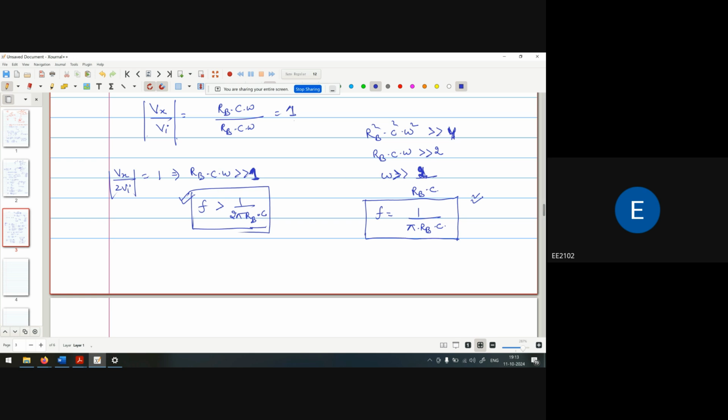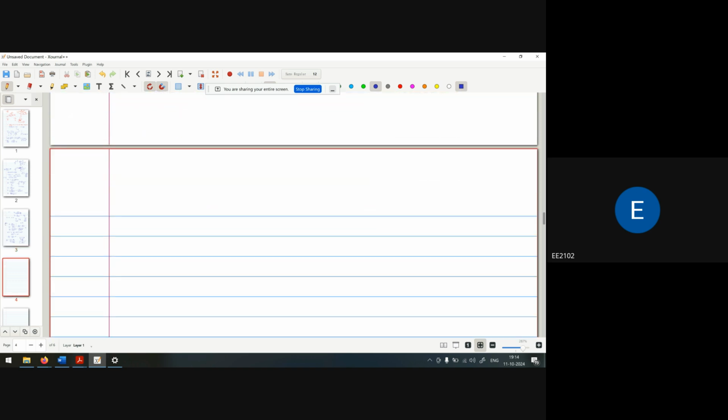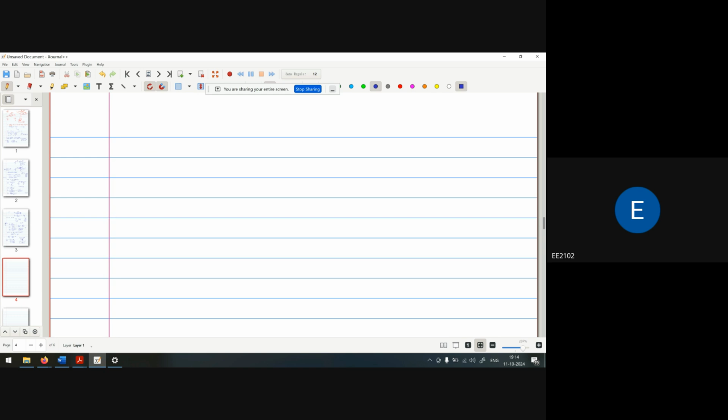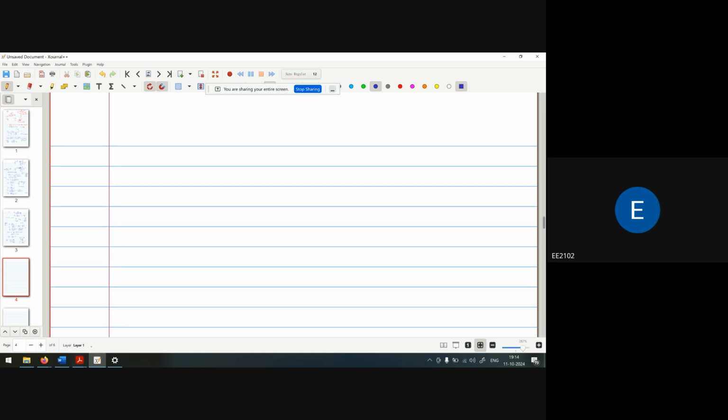So this is only about how we calculate the frequency component. Now what is the meaning of this frequency component? The capacitor will be considered very large for those frequencies which satisfy this. Yes, exactly.